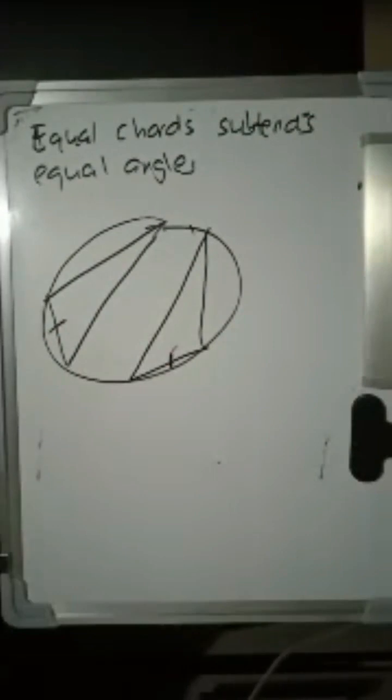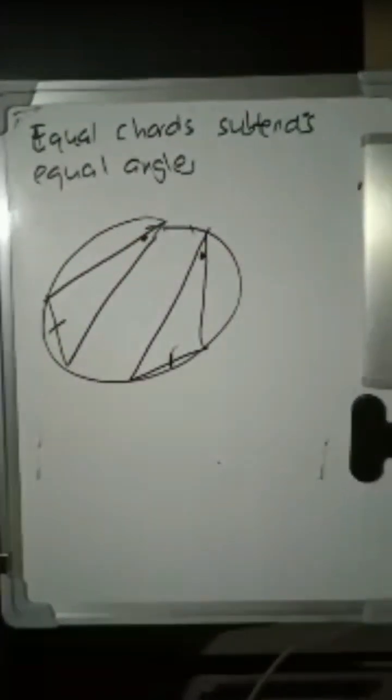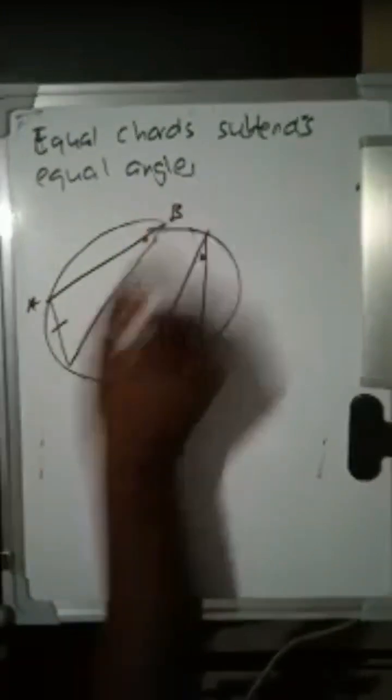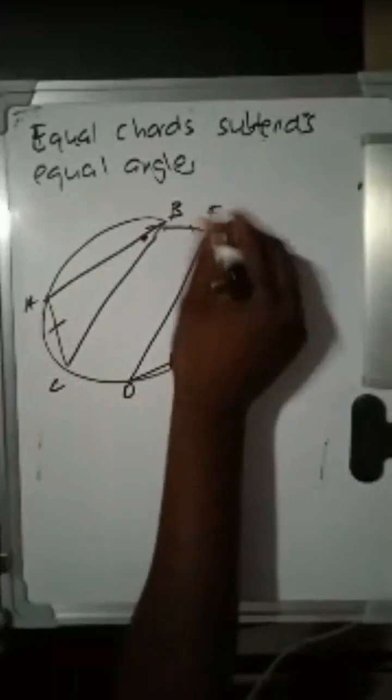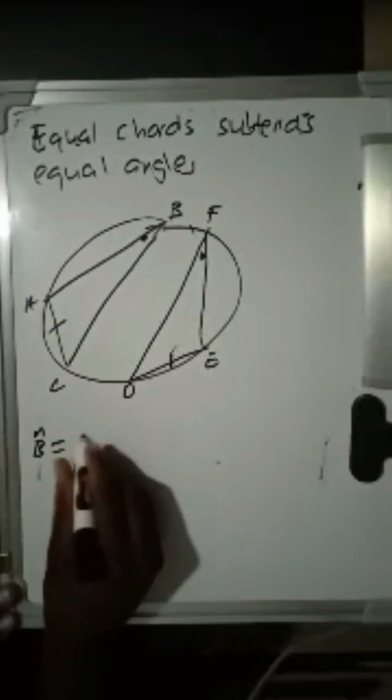It means that this angle here and that angle here are equal. So let me just name them A, B, C, then D, E, F. So what does it mean? It means angle B there is equal to angle F.